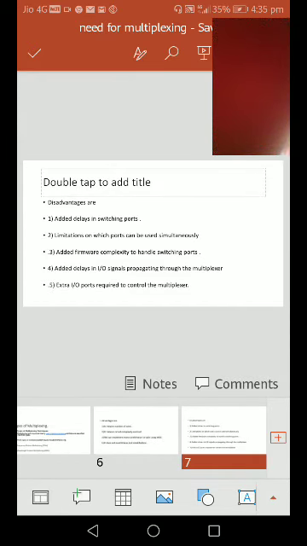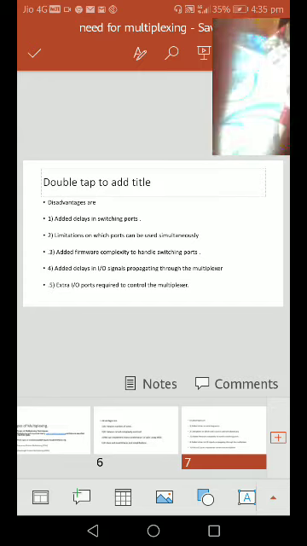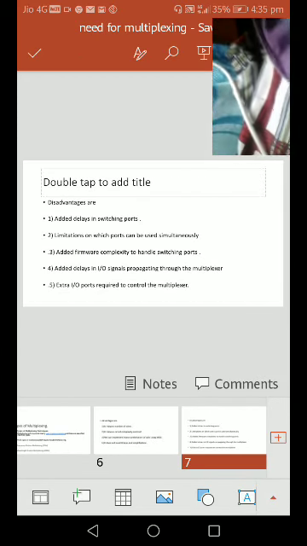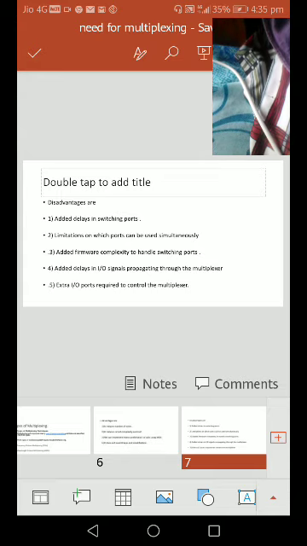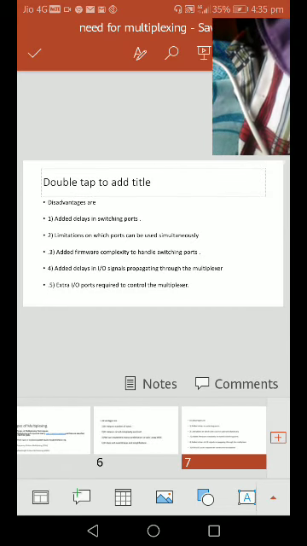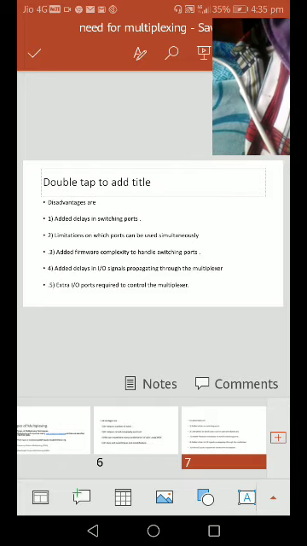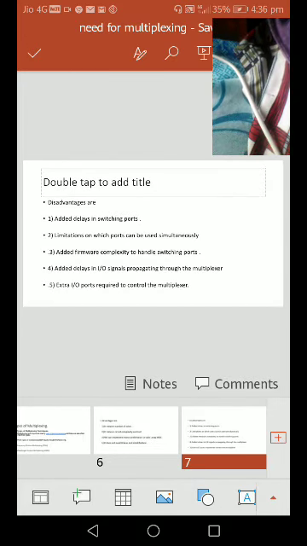The third point is added firmware complexity to handle switching ports. Firmware and various computer terminologies are used to handle the switches, to share the quality of voices and quality of images.